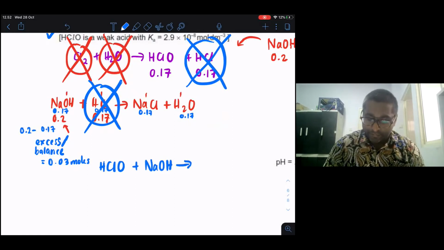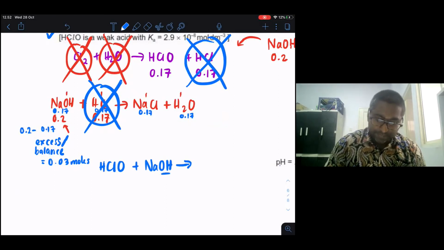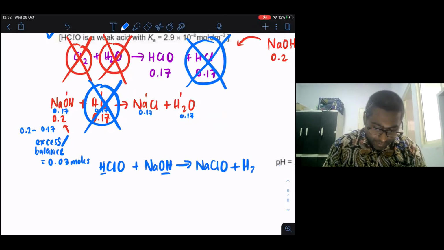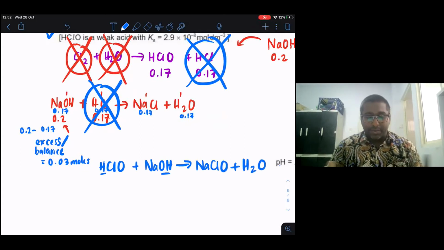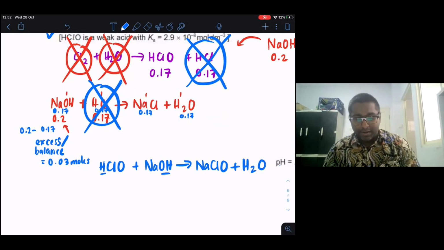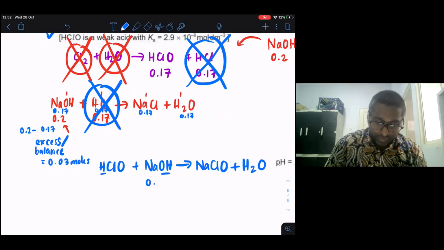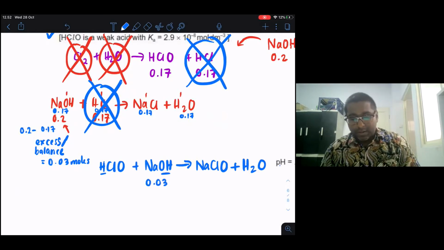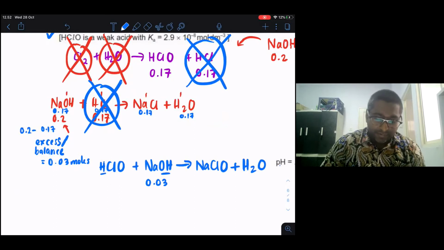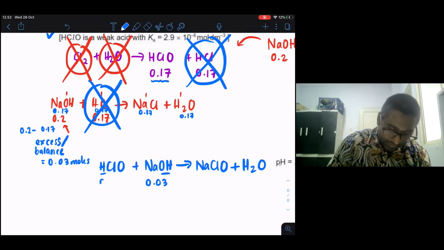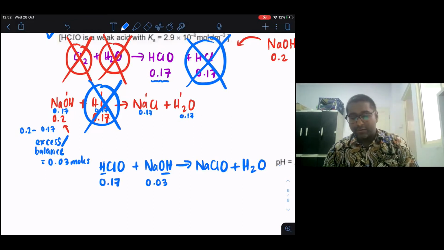So you will have water being produced, and then NaClO plus water. When you look at the number of moles, do remember earlier the excess was 0.03 moles, and we had 0.17 moles of HClO.